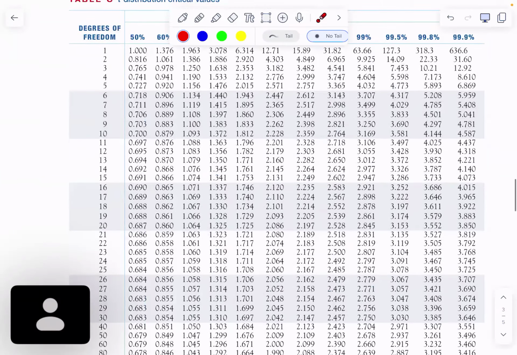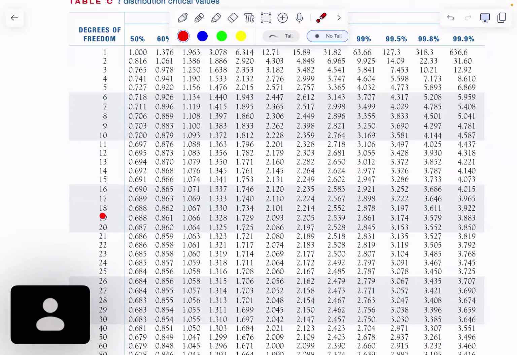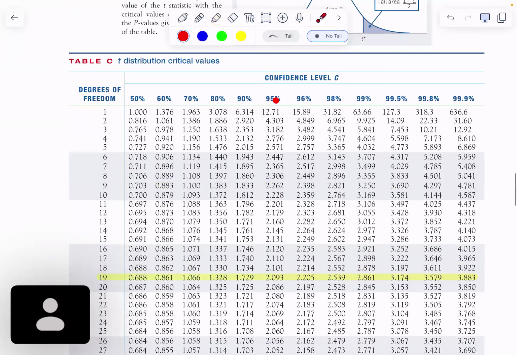So for t's, really the only change is, okay, now instead of being at the z star line, let's pretend that you have 19 degrees of freedom here. Then that's the only line that you can look at. Everything else goes away. You can use it to find the critical value for, let's say, a 95% confidence interval, 2.093.